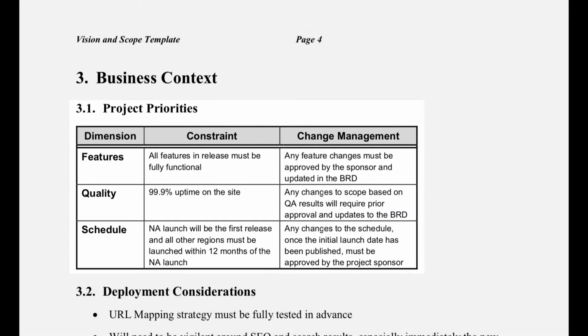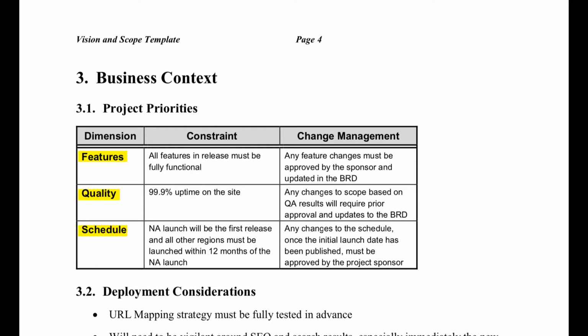So for the project priorities, we're looking at what are the things that are important to the stakeholder related to this project. So things important to the stakeholder are related to features, quality, and schedule. That is a set of dimensions, if you will, that are included in the document.